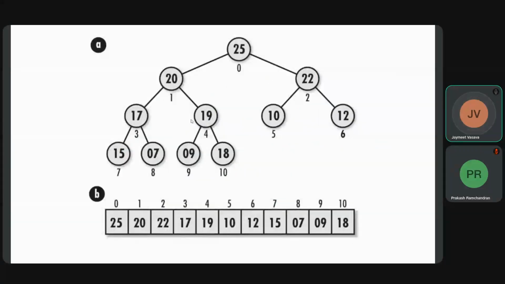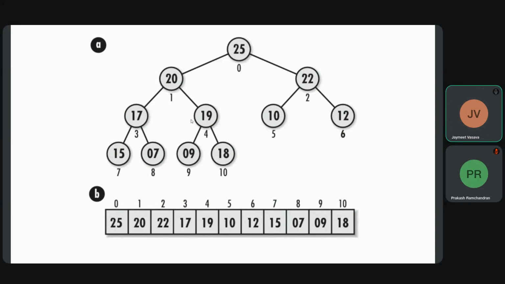This is a graphical representation of a heap. You can see how, starting with index 0, which is 25, it goes from left to right: 0, 1, 2, 3, and you can see the corresponding nodes.